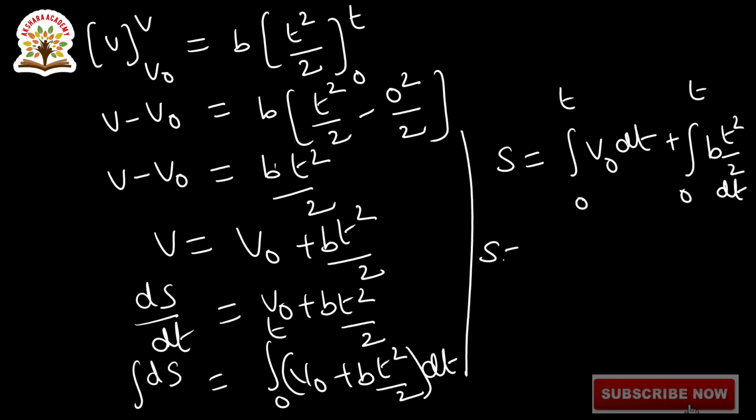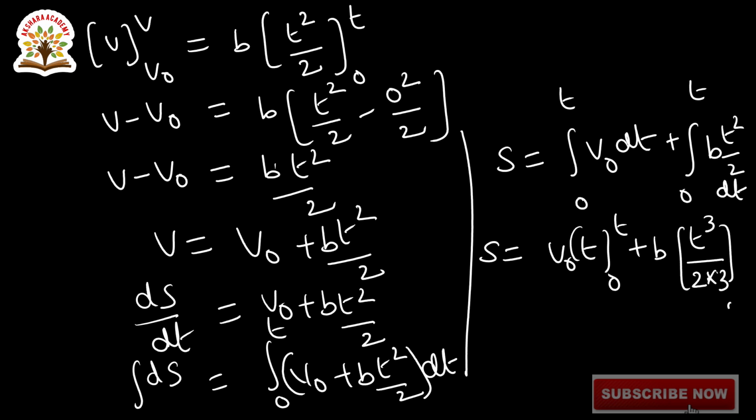Now we are applying the limits for v0: t minus 0, the integration of dt becomes t, so v0 t with limits 0 to t, plus b taking t square by 2 common, nothing but t to the power of 2 plus 1, 3 by 2 plus 1 into 3, here 2 into 3, with limits 0 to t. So s is equal to v0 t.